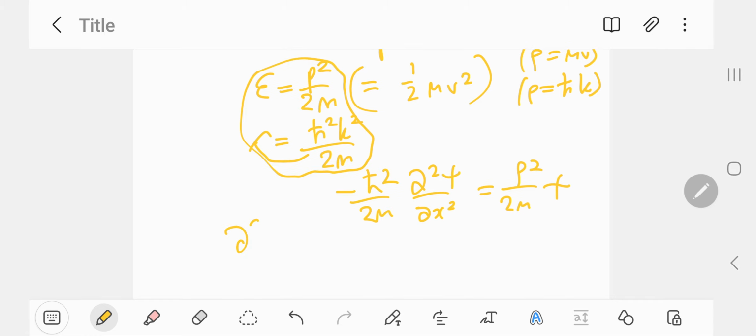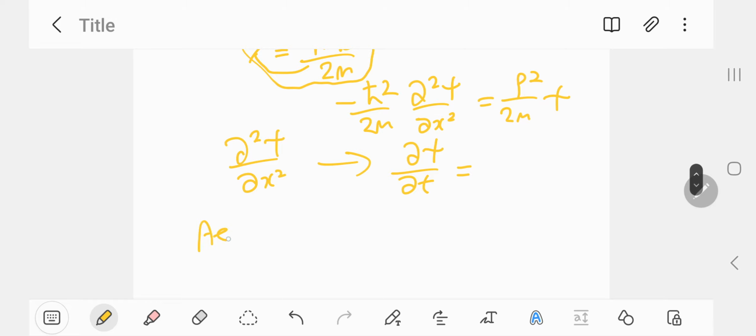Having taken the partial derivative with respect to x position, let's now take the partial derivative with respect to time. So let's take this wave function here, e to the i kx minus omega t, and take the partial derivative with respect to time.